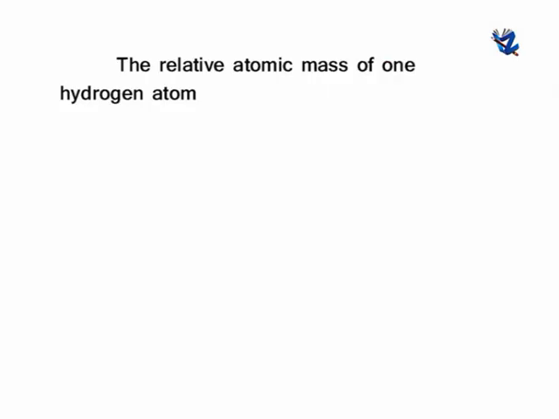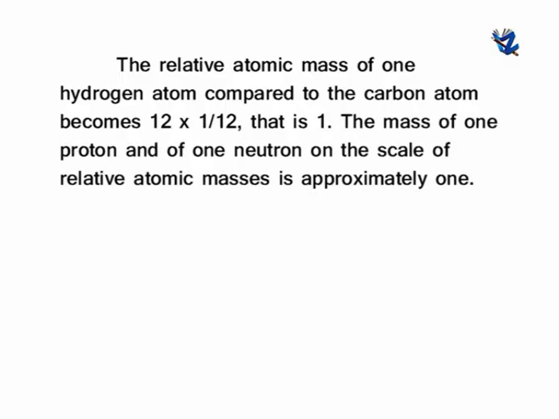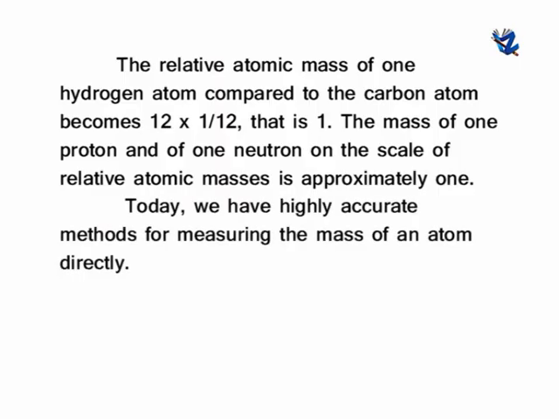The relative atomic mass of one hydrogen atom compared to the carbon atom becomes 12 multiplied by 1/12, that is 1. The mass of one proton and of one neutron on the scale of relative atomic masses is approximately 1.